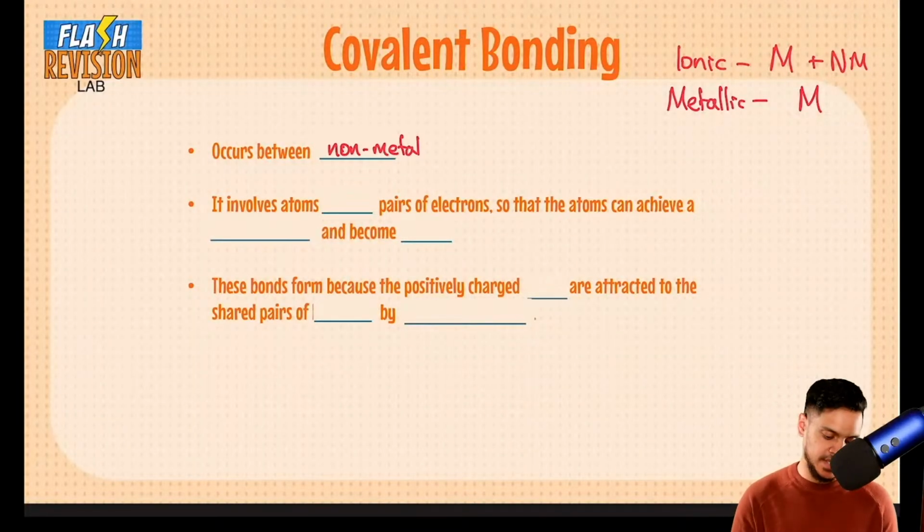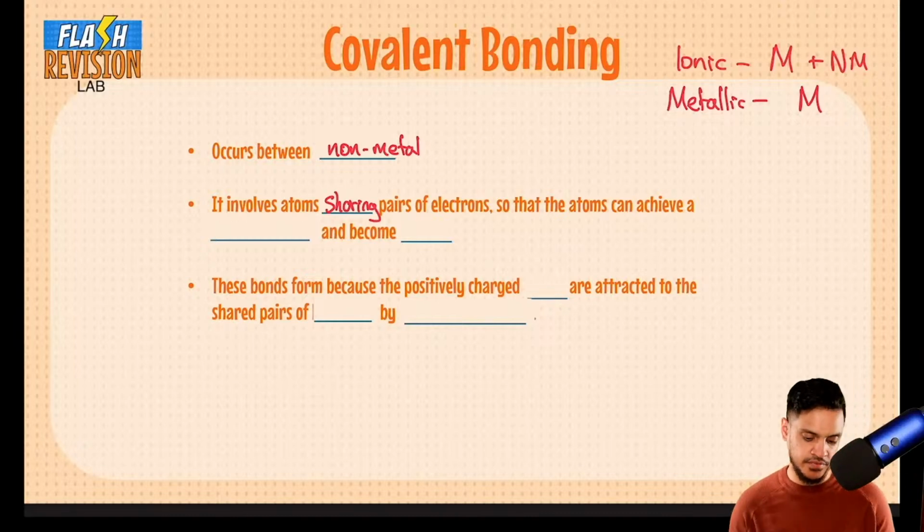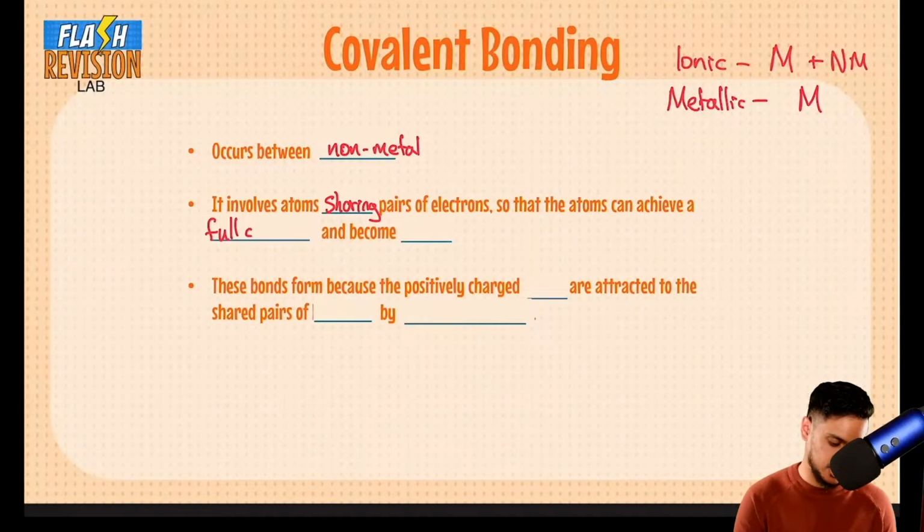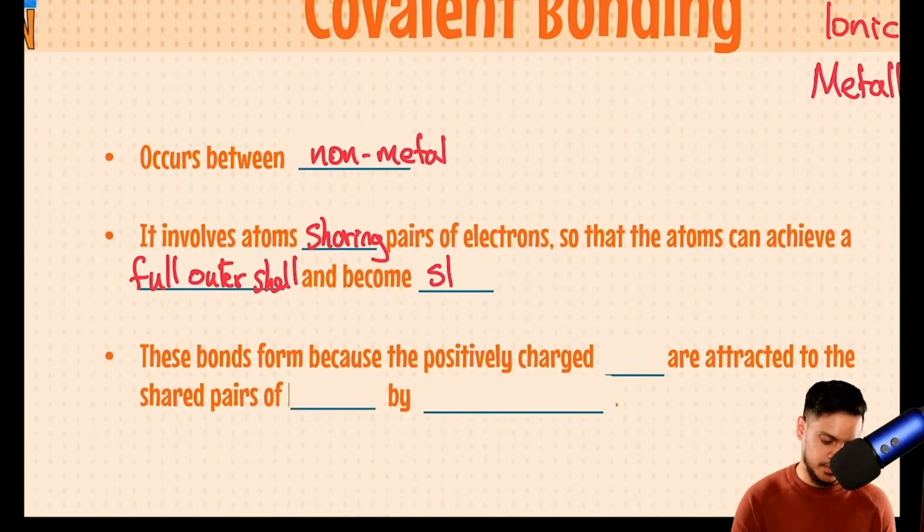And what happens is you've got electrons being shared between the different atoms. So it involves atoms sharing pairs of electrons so that the atoms can achieve a full outer shell and become stable.